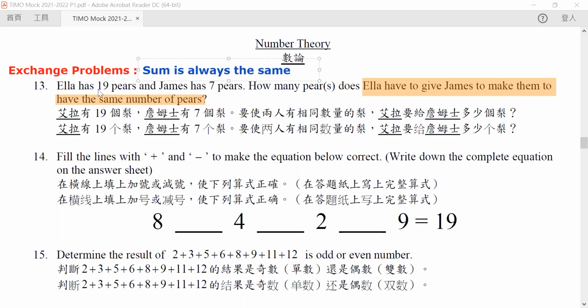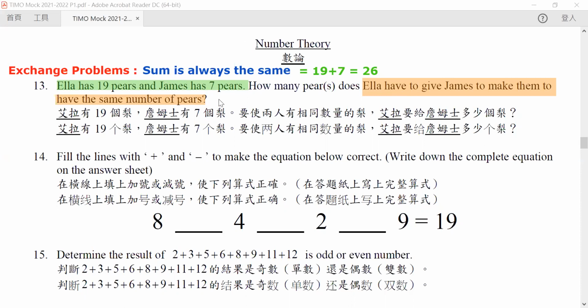Now, this is the most important characteristic of the exchange program. So in here, we know that the total sum for our pears, how many of them? It will be 19 plus 7, which is equal to 26. So we know that there are 26 pears in total. And if that's the case, here comes the question: how many pears should Ella and James have to have the same number of pears?